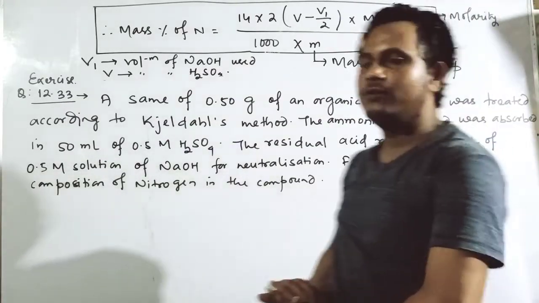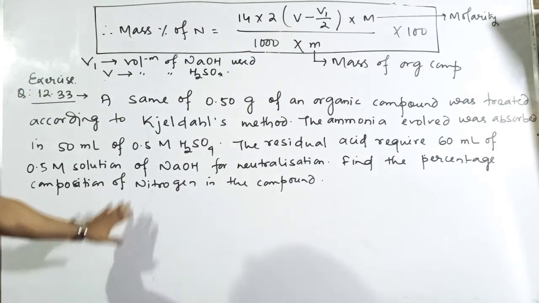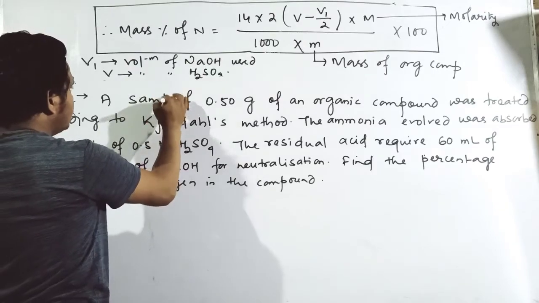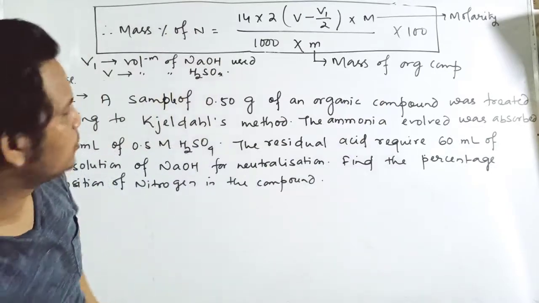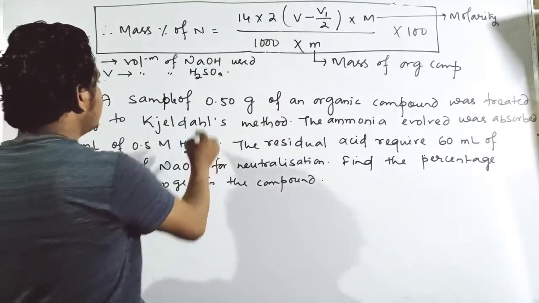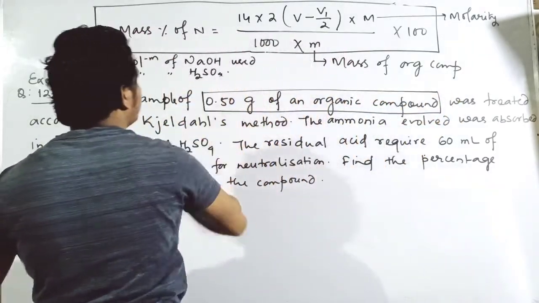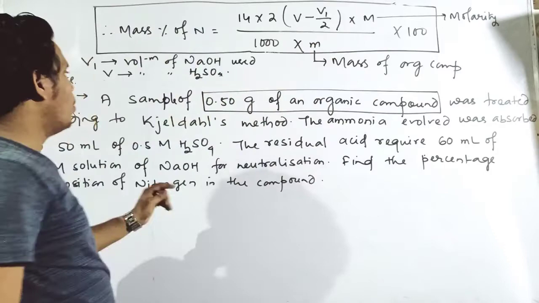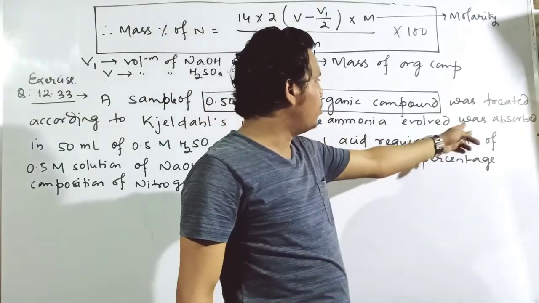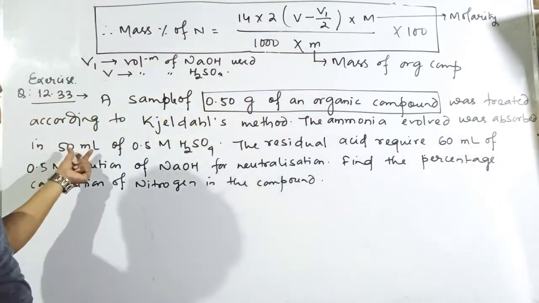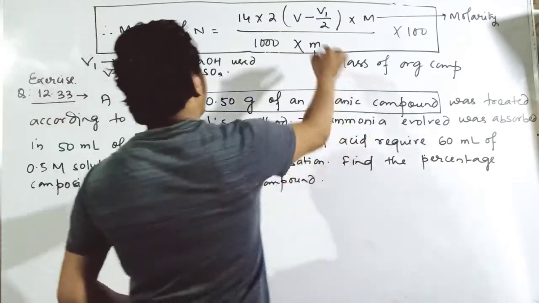So one more numerical we have taken. Question number 12.33, exercise 1. A sample of 0.50 gram of organic compound. So here the mass of organic compound M is given, 0.50 gram. It was treated according to Kjeldahl method. The ammonia evolved was absorbed in 50 ml of 0.5 molarity sulfuric acid. What is V?